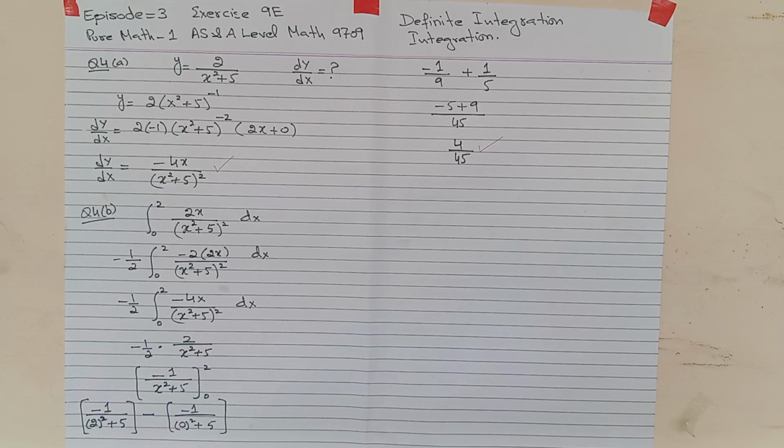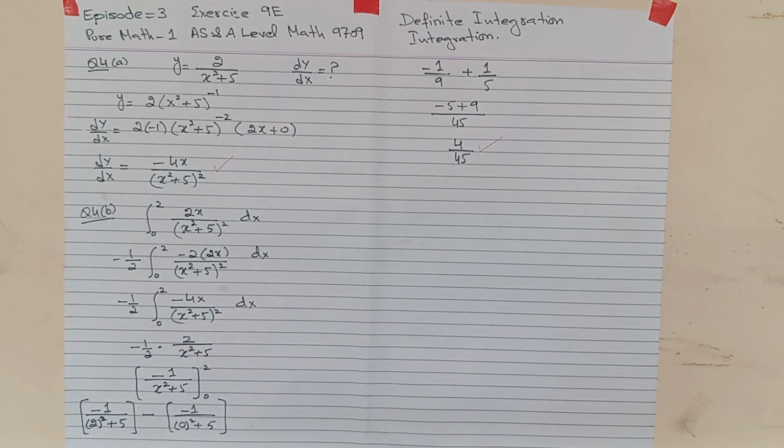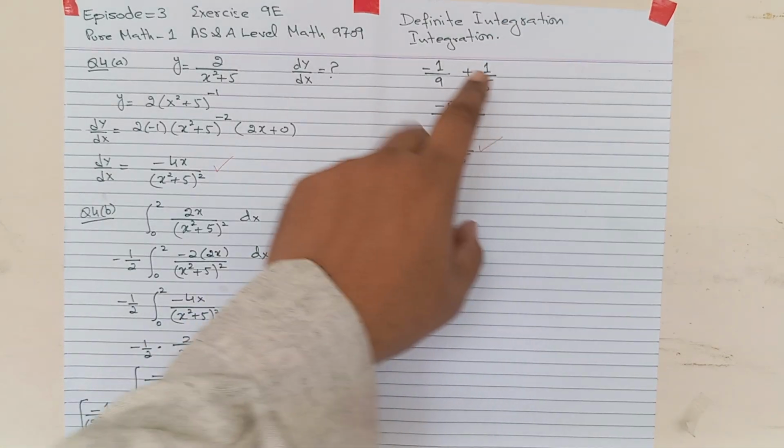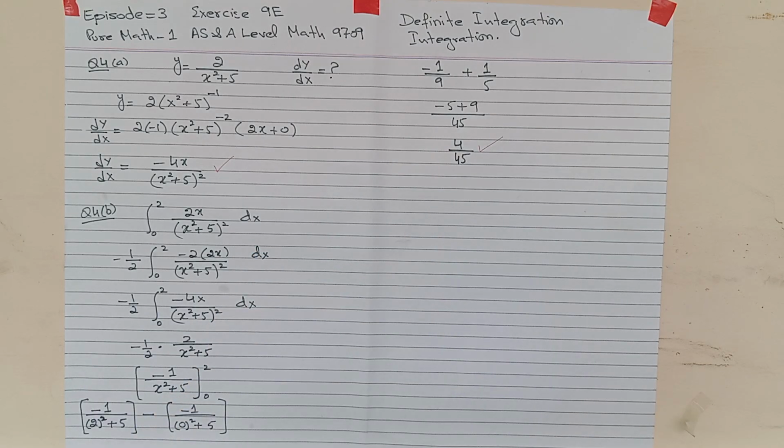So minus 1 divided by 4 plus 5, 9. So we will have minus 1 by 9 plus. This will become minus plus, and it will become 1 by 0 plus 5 will be 5. So 1 by 5. So minus 1 by 9 plus 1 by 5, it will be 4 by 45. So this is how you will do the question number 4.